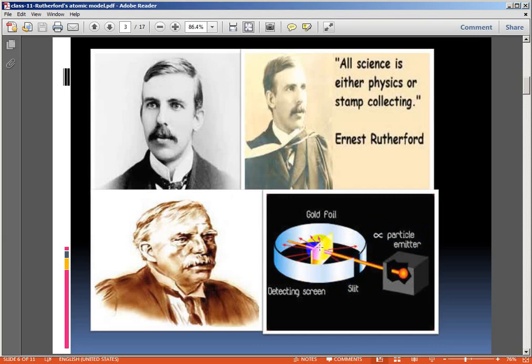You will learn the details at HSC level. You just need to know this model was given based on an experiment called the alpha particle experiment.